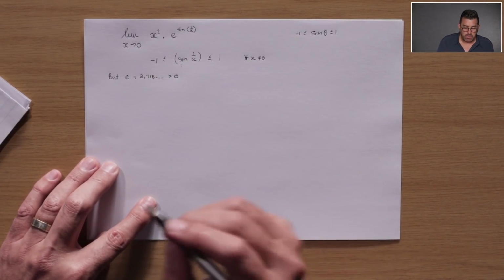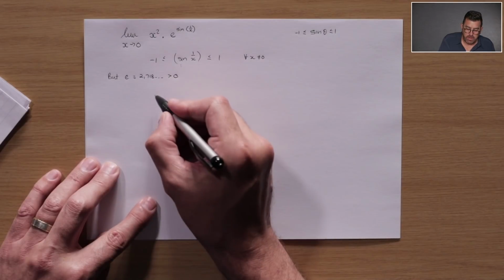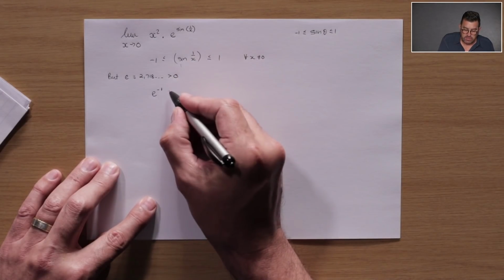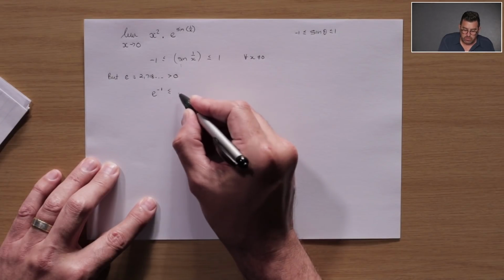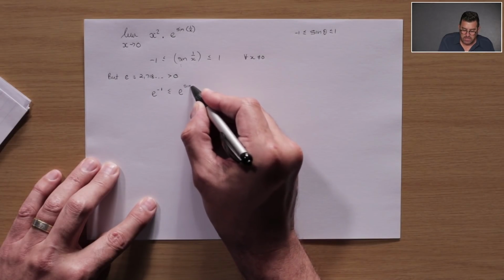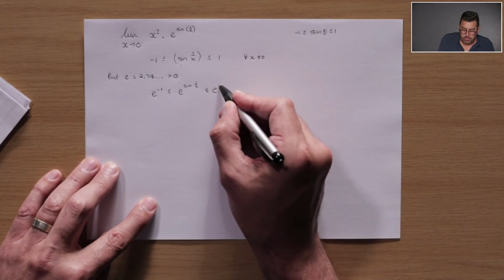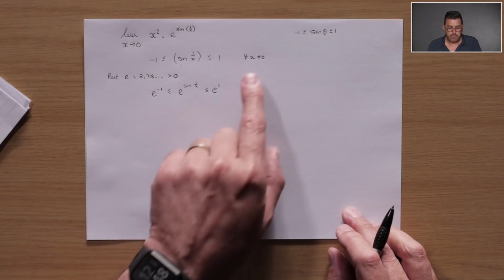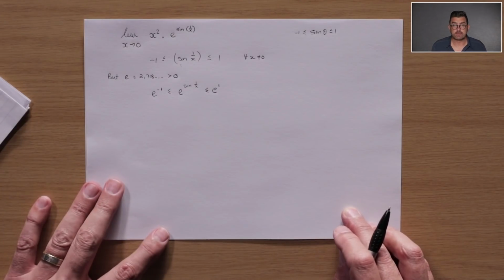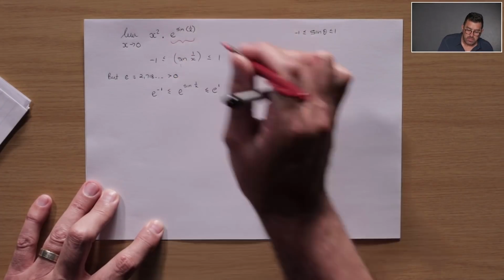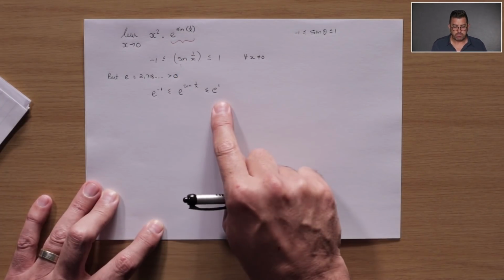Okay, so I can immediately raise everything to that power. So I say e to the power minus 1 is less than or equal to e to the power sine 1 over x, which is less than or equal to e to the power of 1. And remember, the restriction still applies. Okay, so I now have this part back into the picture.